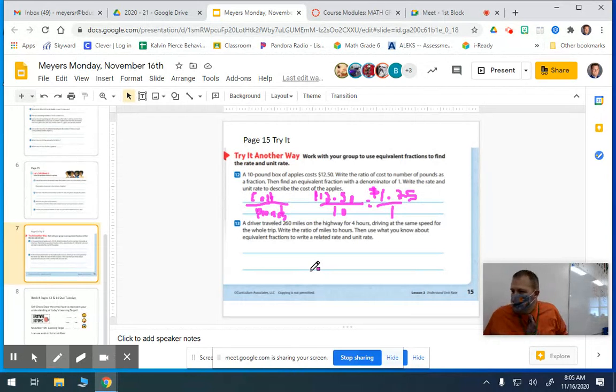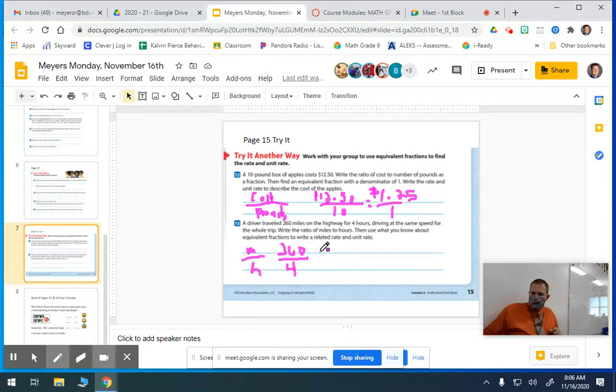What's the ratio? They want miles to hours. So miles goes on top, hours goes on the bottom. We're making a ratio. Hopefully you guys have 260. Maybe it looks like a 3, but you know it's not. 260 divided by 4.